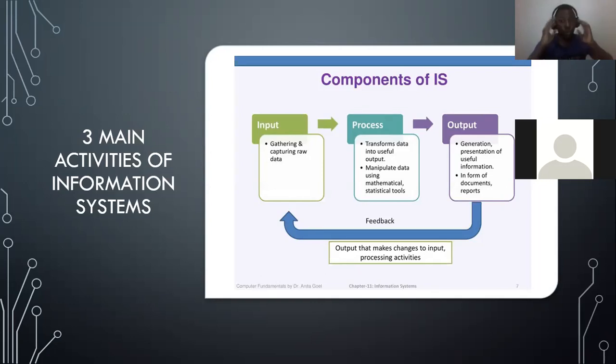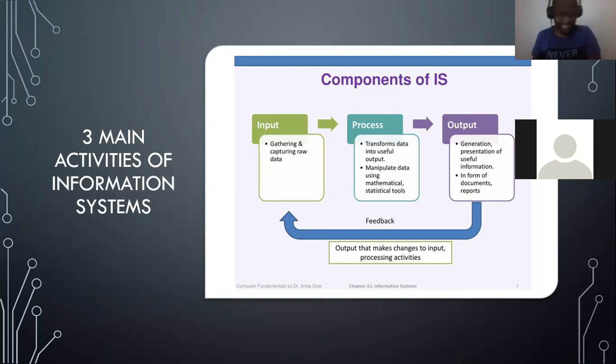You will see that the word information systems will come up a lot, because these are the systems that you will be using in your companies in order to do efficient information management.